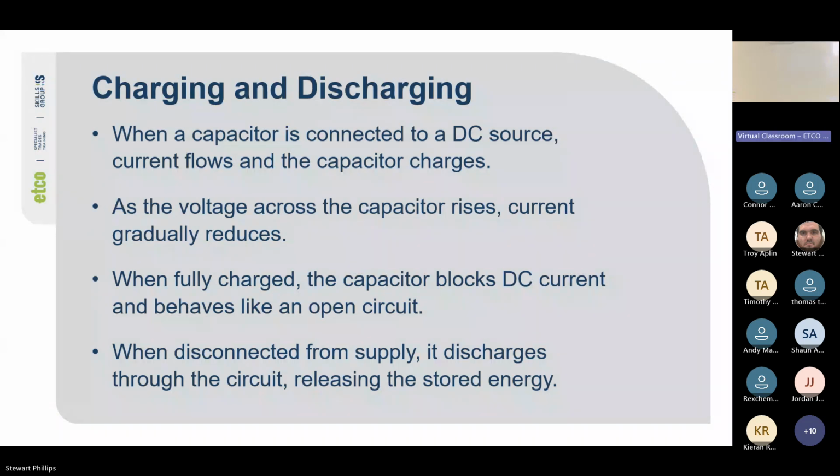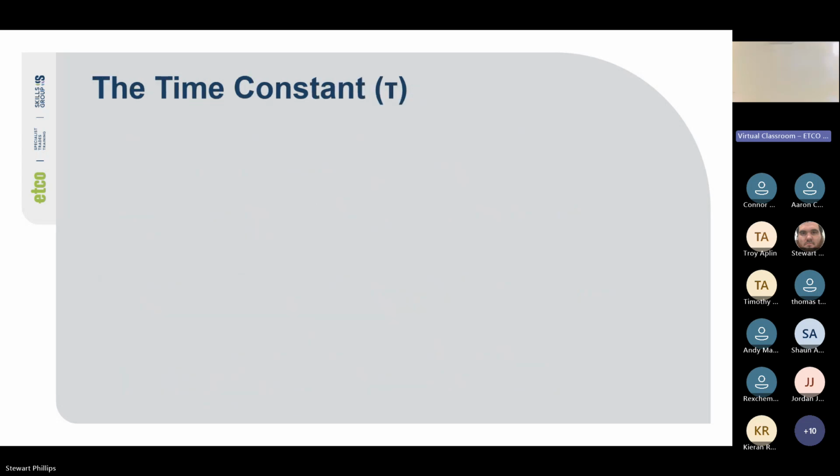Yeah, there are capacitors that are polarized and non-polarized. We've looked about. I think you might be thinking about something else, but cool. So one other thing we need to take into account is we have this thing called the time constant.